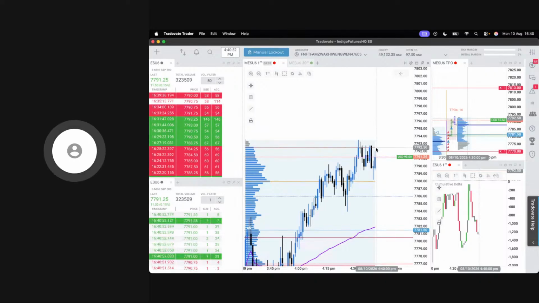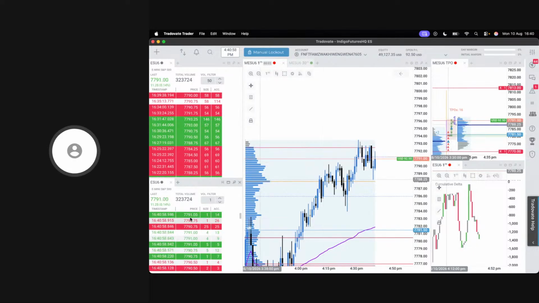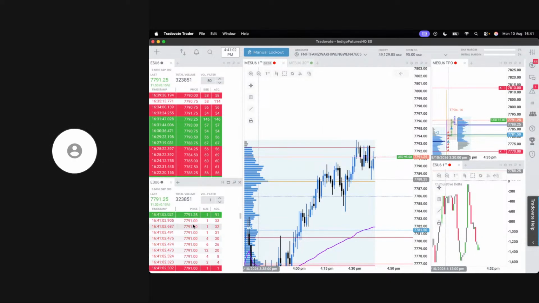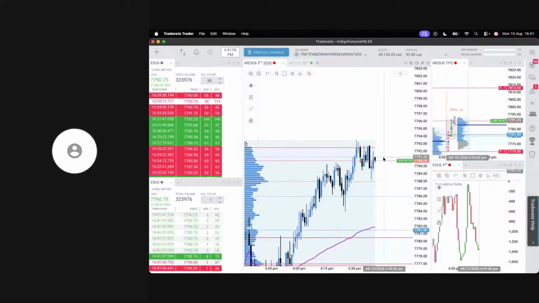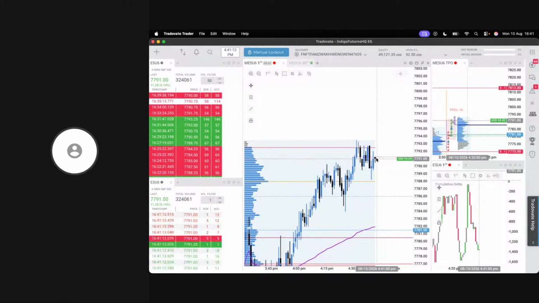I guess the most important thing to watch right now would be if we can print above 92.50. So if we start printing 92.50s, 93s, you know, the 91s are not really encouraging. It's starting to look like there are participants trying to short this.